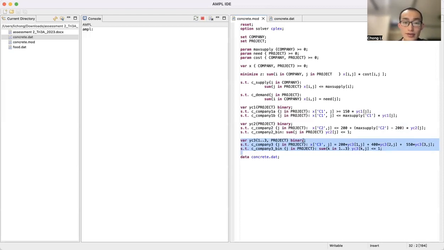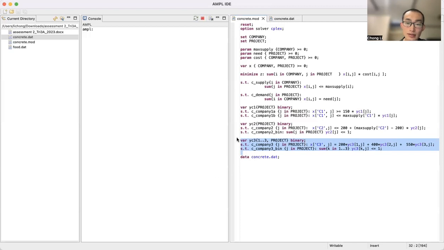So the first line means that X3G, the quantity of concrete that company 3 supplies to project G, is 200, 400, or 550.